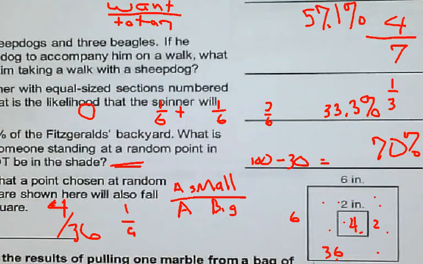If you're going to leave it a fraction, you have to make it into a lowest terms fraction. So this one is 1/9 of the time. If you divide 1 divided by 9, that turns out to be 11.1% of the time. Yeah, how about that? Let's look at another one.